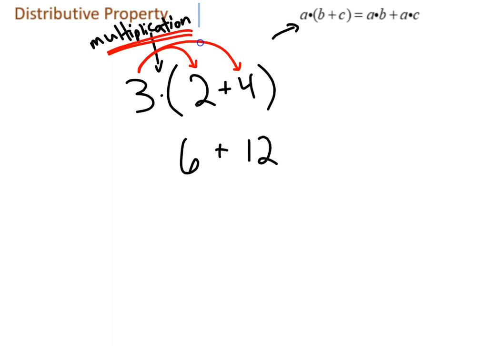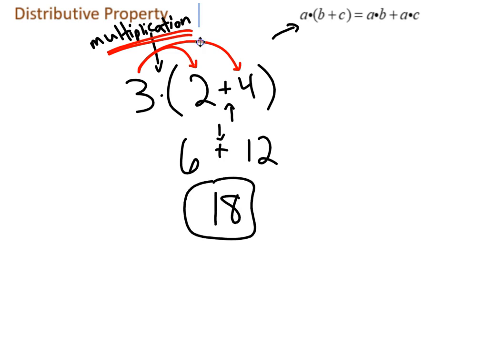And it is addition because, well, you have 3 times 4 gives you a positive 12, so 6 plus 12. That can be tricky, and we'll talk more about what symbol or what sign goes between these numbers as we move forward with the distributive property. This result gives you 18.